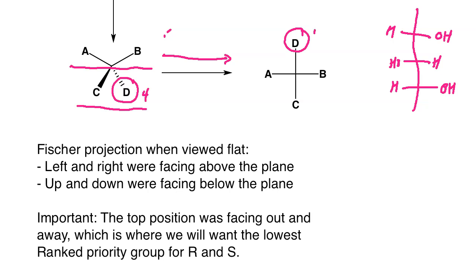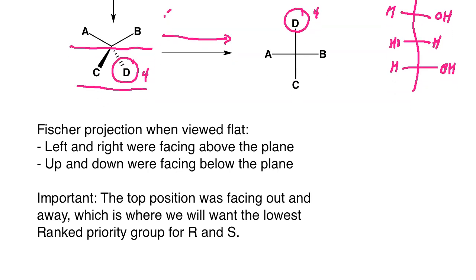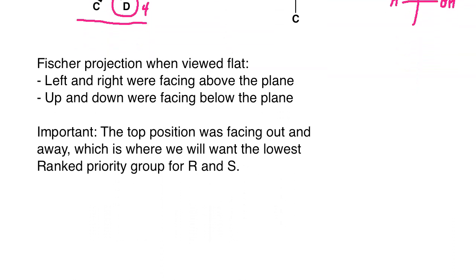And so if we keep in mind that this should be where rank 4 is going to be put, that will help us in determining our R and S. Now, that doesn't mean that whatever is there is always rank 4. We would have to manipulate and rotate the molecule in order to get it to that point. So we want the top position that was facing out and away to be where the lowest ranked priority group is going to be for R and S.